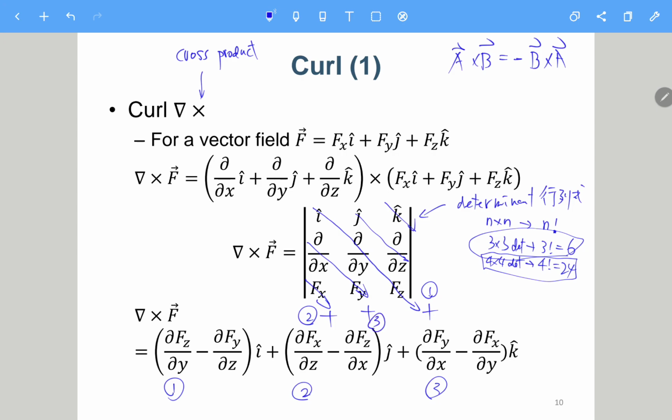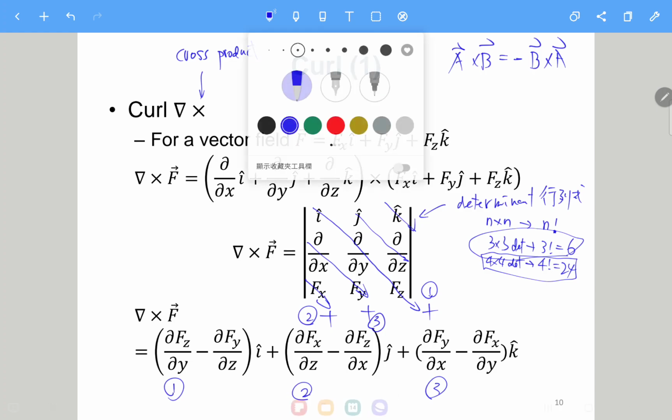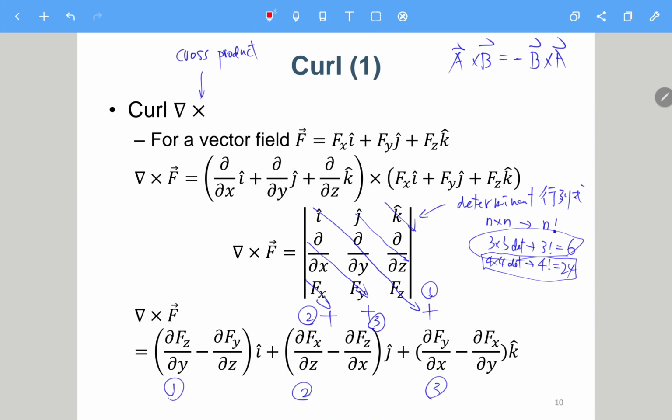Okay, so we know how the 3 positive terms come out, and next we have the 3 negative terms. We start from here: i hat partial z Fy, and then j hat partial x Fz, and then k hat partial y Fx. For these 3 we have a negative sign. From top right to bottom left, we have a negative sign; from top left to bottom right, we have a plus sign.